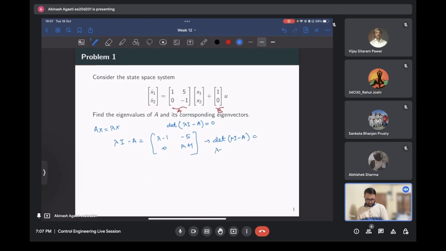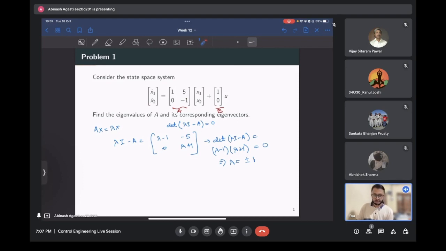The determinant is lambda minus 1 into lambda plus 1, minus of minus 5, sorry, into 0. That is equal to 0. So clearly lambda equal to plus minus 1 are the eigenvalues. Now look at this matrix. You can see that the diagonals are 1 and minus 1, and this is just an off diagonal element with the other part 0.